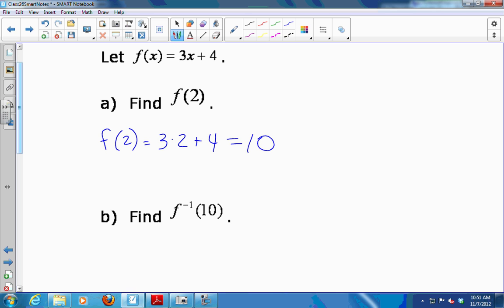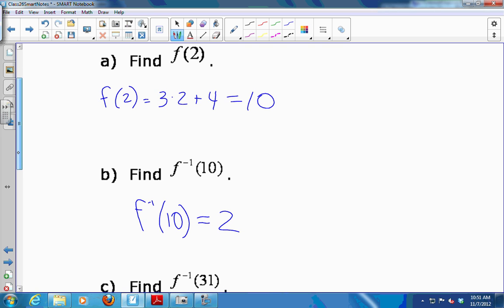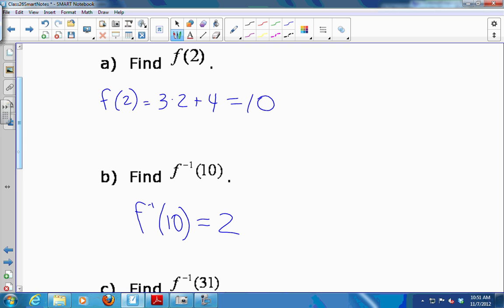It's the round trip, right? f inverse is the function that undoes what f did. So if f took a 2 and made it into a 10, f inverse will take the 10 and make it into a 2. The fact that we already knew what f of 2 was made it possible to write this out real quickly.